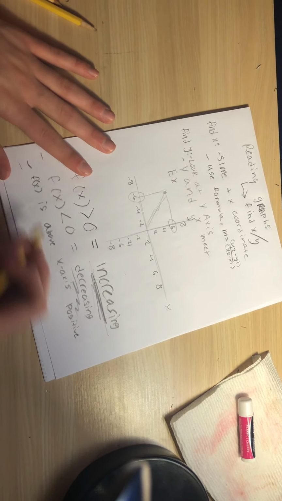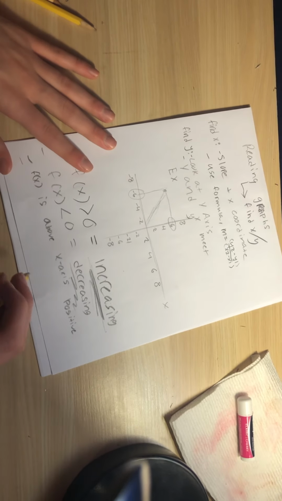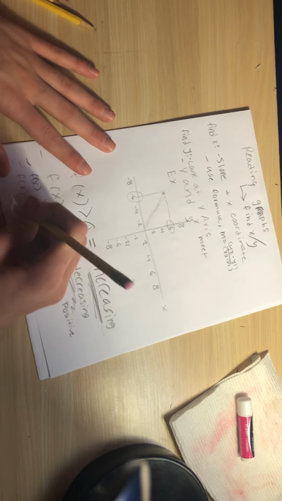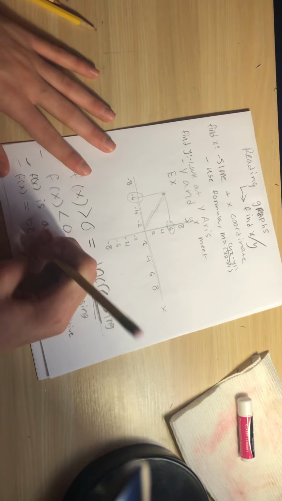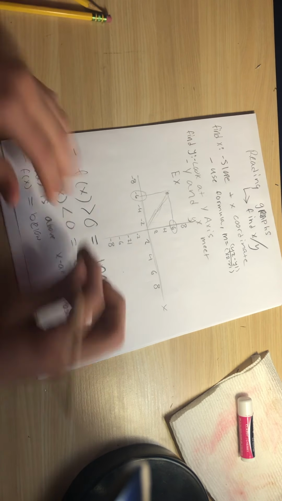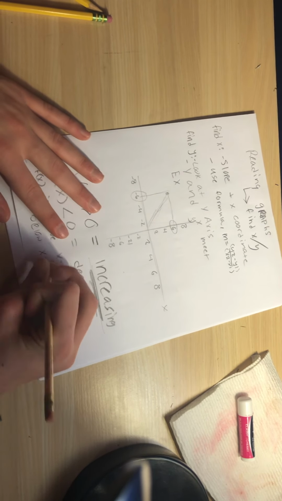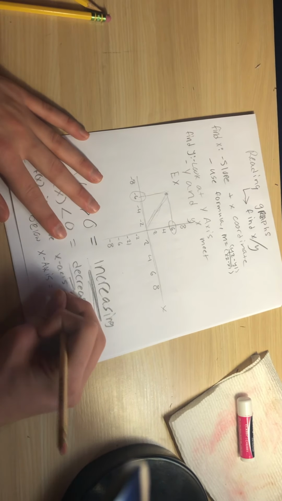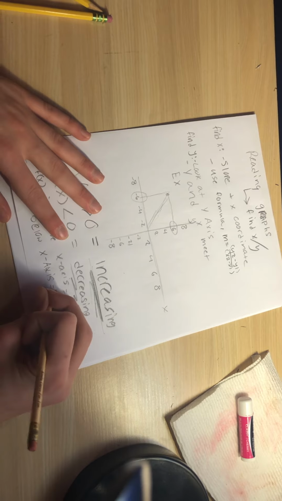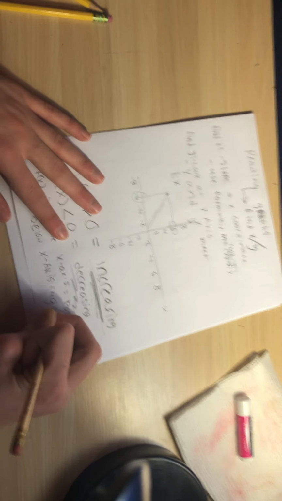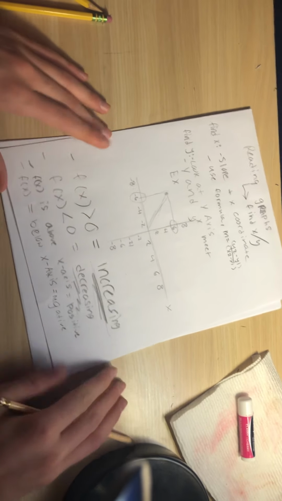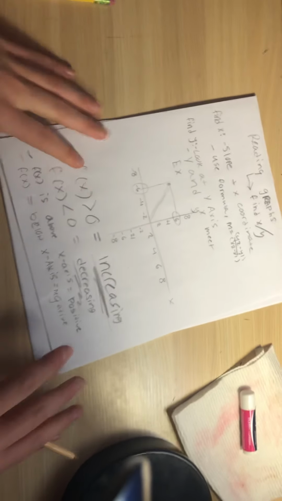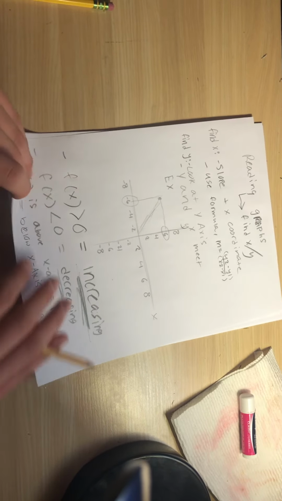But if it's below the x-axis, that means it is, guess what? Negative. Does that sort of make sense? If f of x is below the x-axis, that means it's negative.